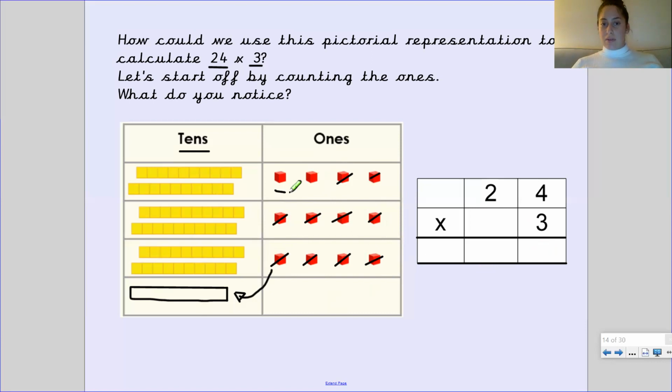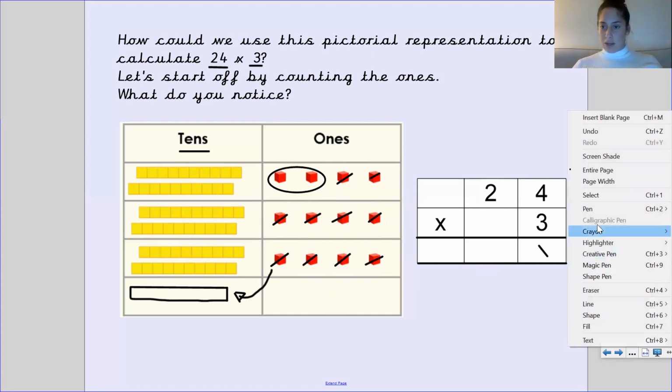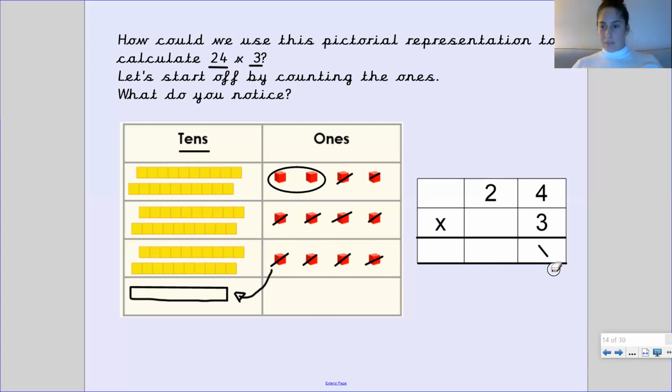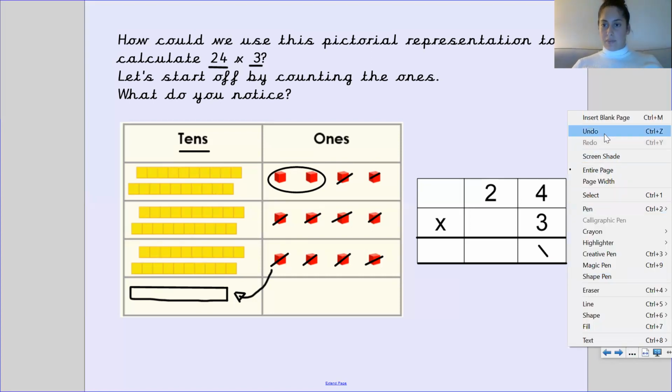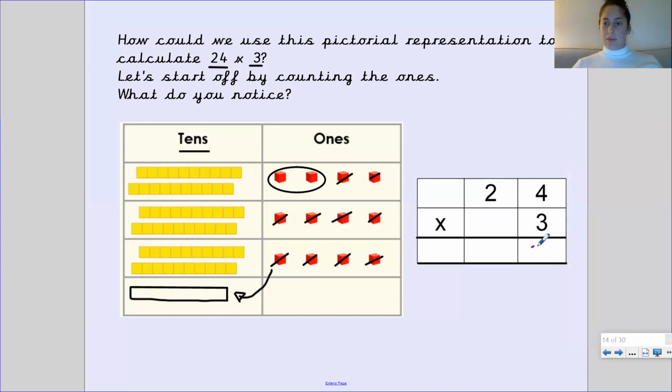So I've kept the 2 from the number 12, which represents the ones. I can keep the 2 from the number 12 in the ones column, and I've exchanged the tens from the number 12 into the tens column.